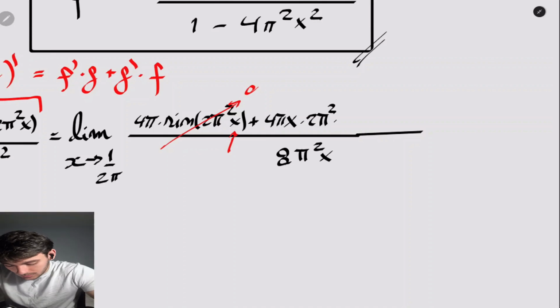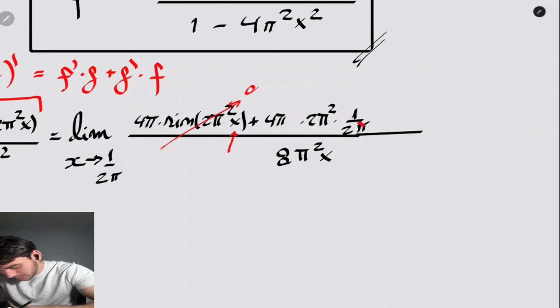Okay, so right now we have 4 pi x, so I will erase x and put 1 divided by 2 pi. So what we have here right now, this pi will cut out with this pi, this 2 will cut out with this 2. So in the numerator, we'll have 4 pi squared.